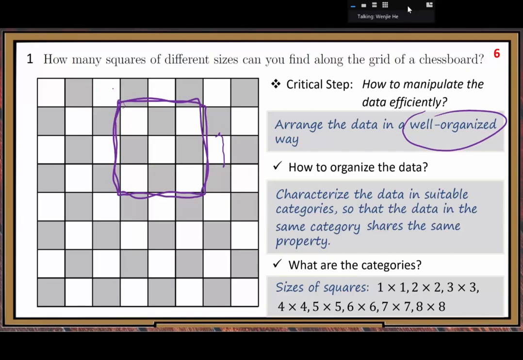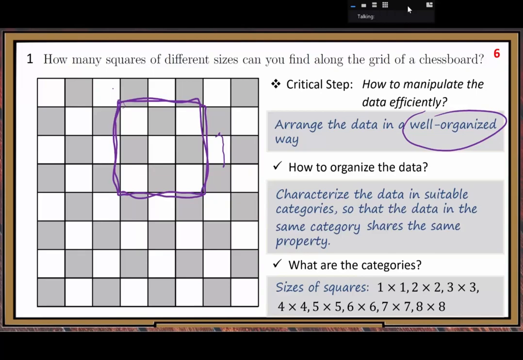But is angle information important for our counting? We just focus on the information that could be useful for our counting. So we stick to our goal. We do not just pick some random properties, which gives a lot of distractions.